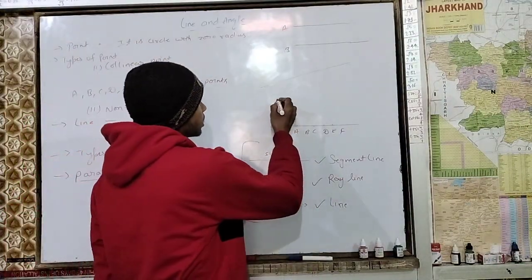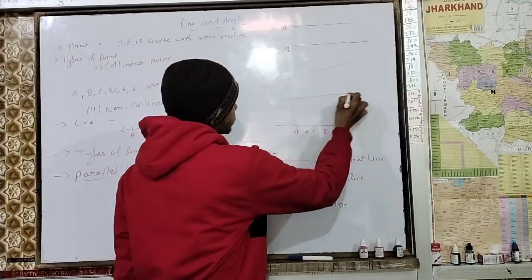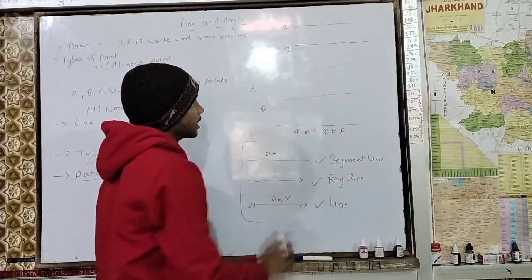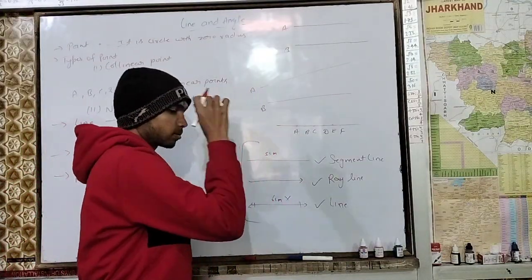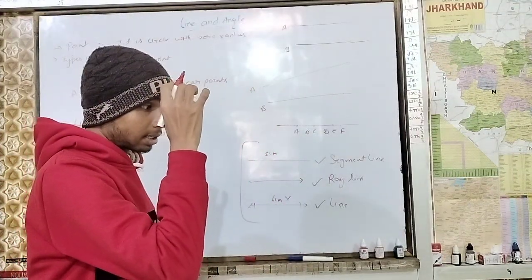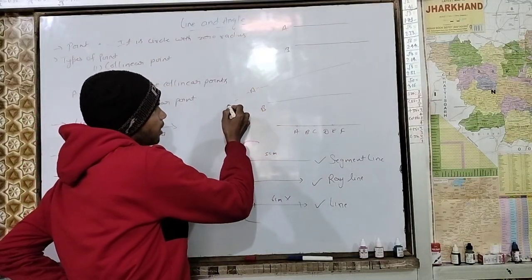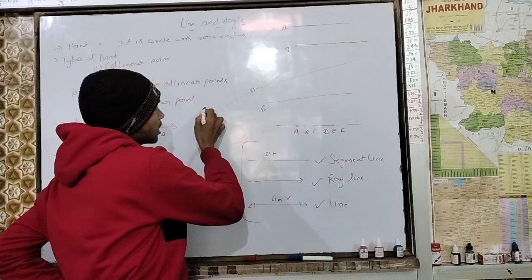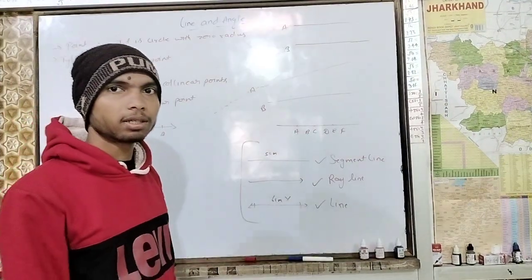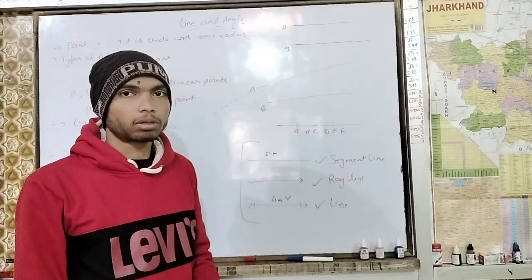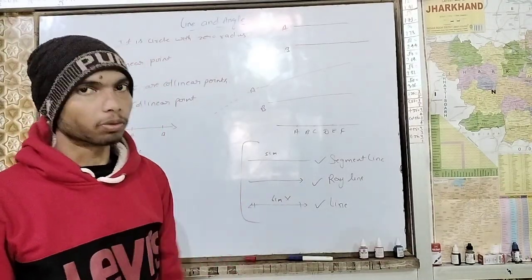Now next, this line is like this, and next B is like this. Don't you think that they will intersect each other over here? We are getting the feeling of an intersecting view.